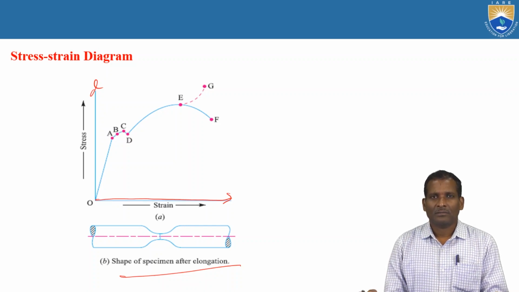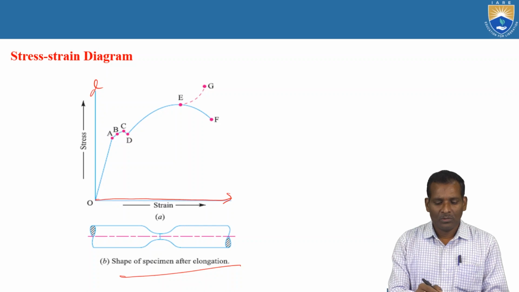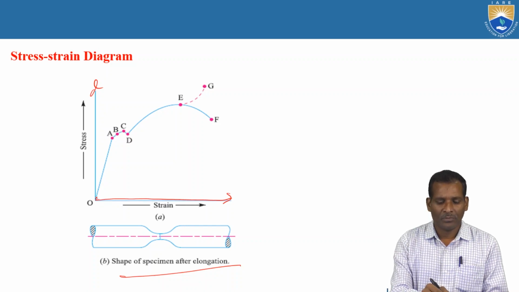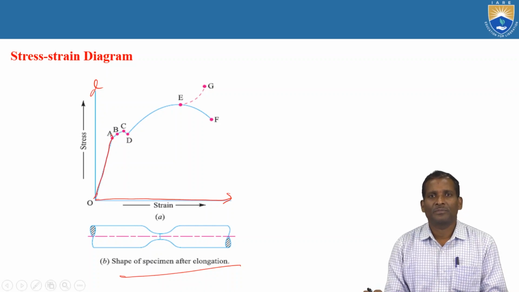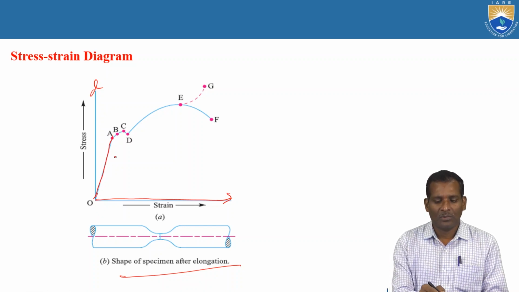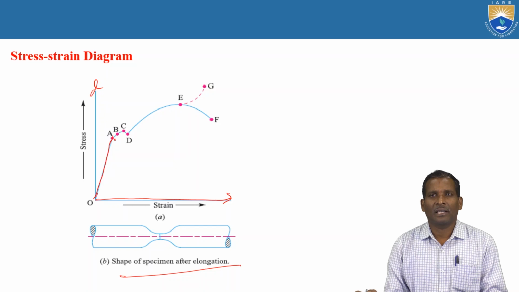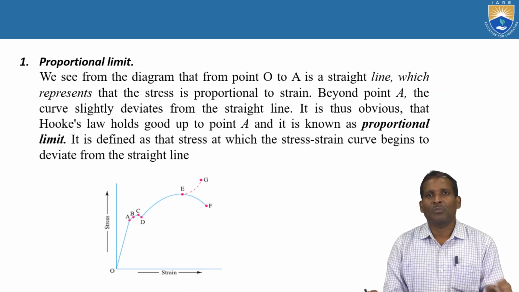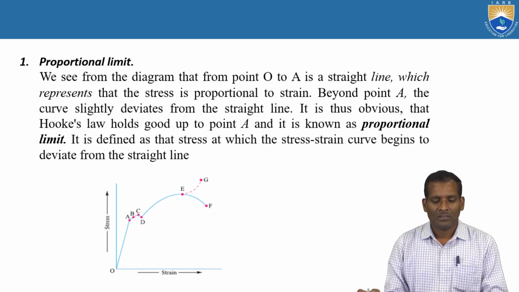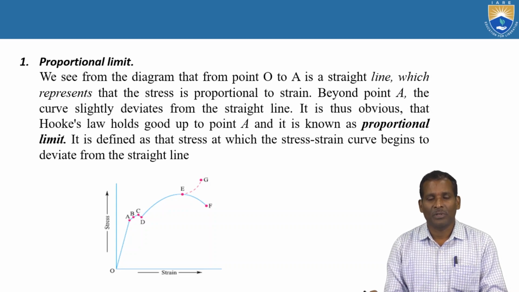Here one straight line is shown from O to A. This straight line from O to A is called the proportional limit, which is also called the elastic limit level.